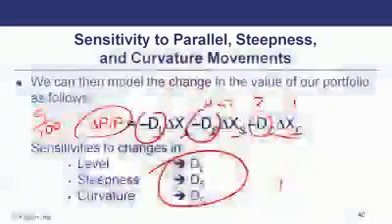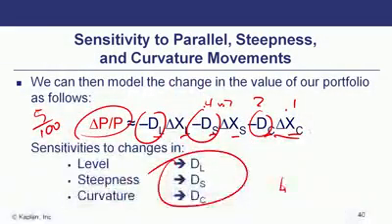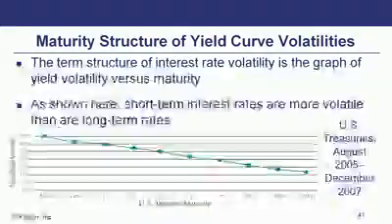So we're going to have a sensitivity and a measure of change for level, a sensitivity and a measure of change for steepness, and a sensitivity and a measure of change for curvature, just like a regression equation, right? We have beta 1 times x1 plus beta 2 times x2 and so forth. This looks the same. These are just sensitivities, just like the betas are sensitivities. All right? So again, that's not something that I think is particularly terrible.